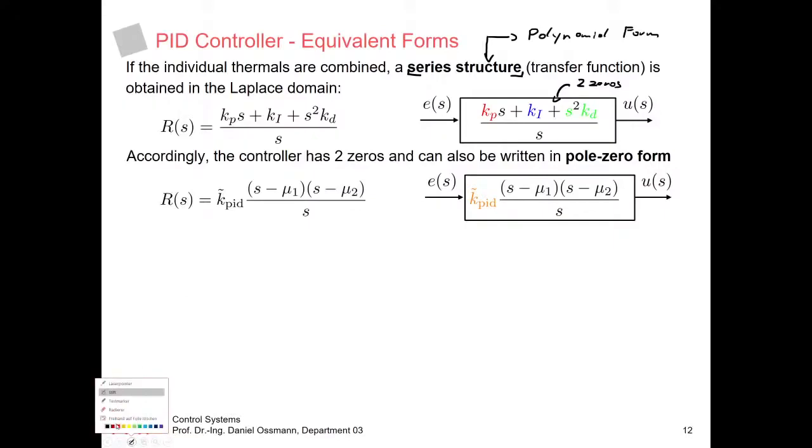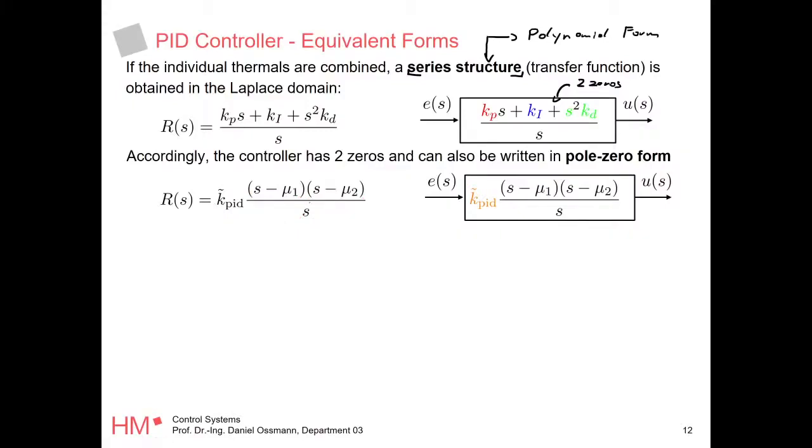We have a gain, right? We have two zeros, and we still have this one pole at 0. If you draw the block diagram, it looks like this, right?